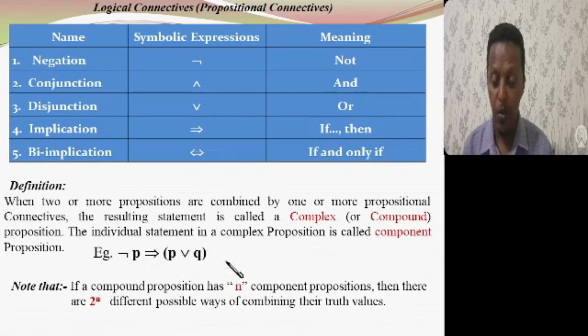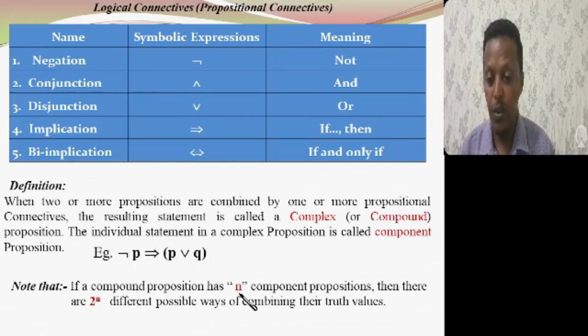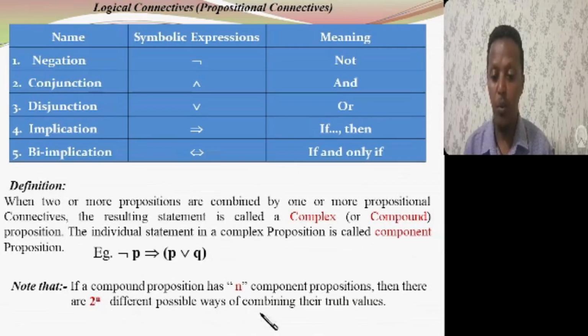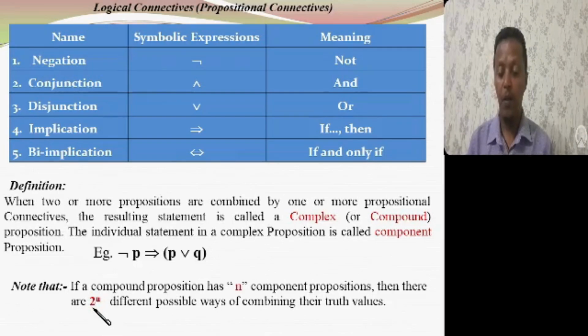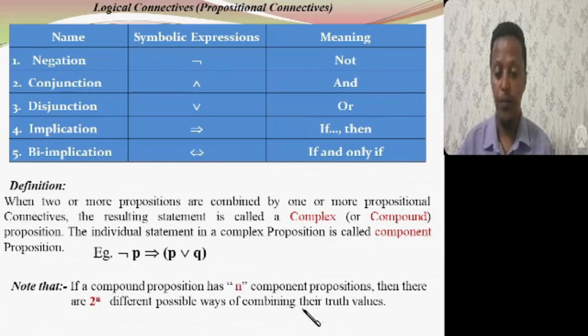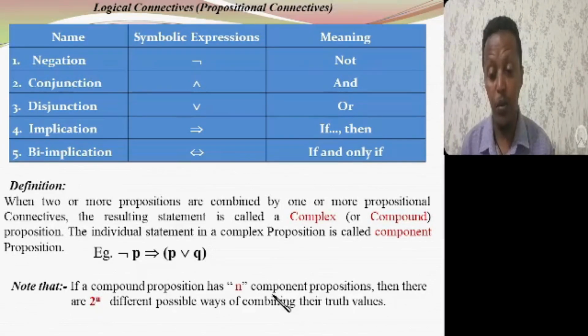For example, this compound proposition has what? 2 components, P and Q. Because of that, we expect 2 to the power of 2, 4 possible logical combinations regarding the truth values.